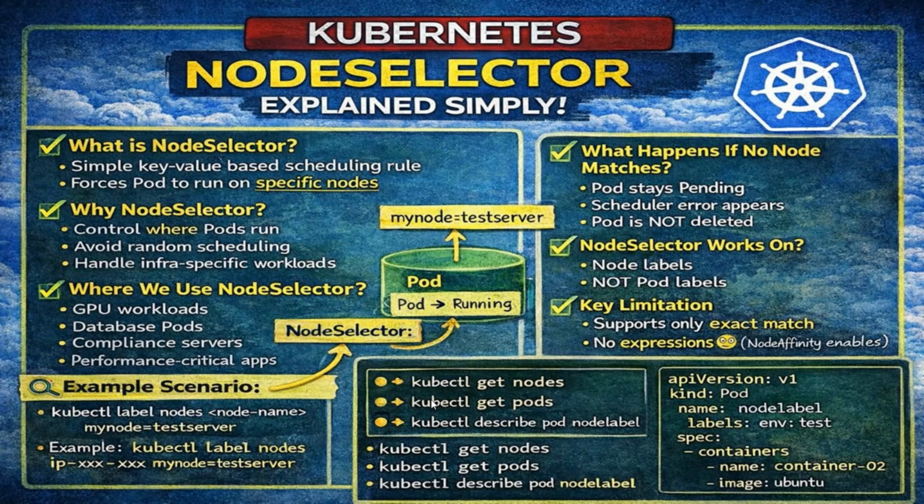How it works: first we label the nodes, add the nodeSelector to the pod, and the scheduler matches and takes care of it. When to use it: hardware needs, environment separation, compliance, and performance optimization.